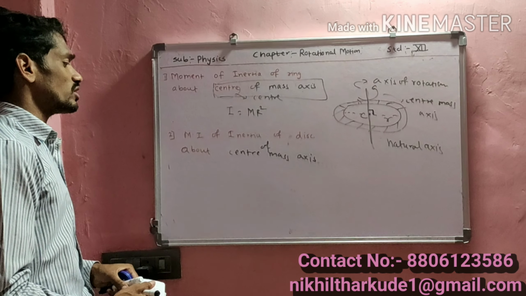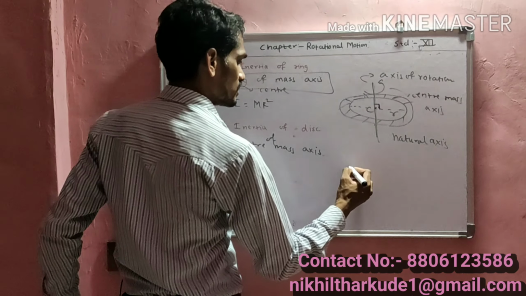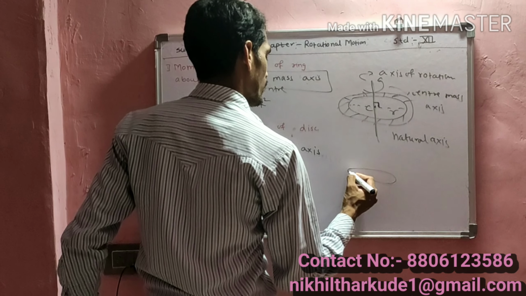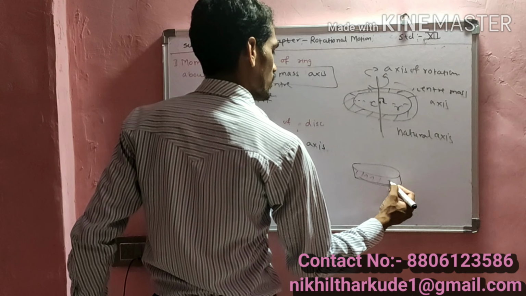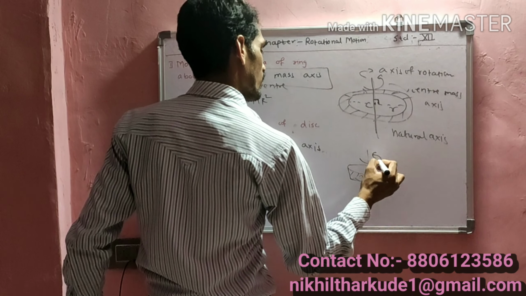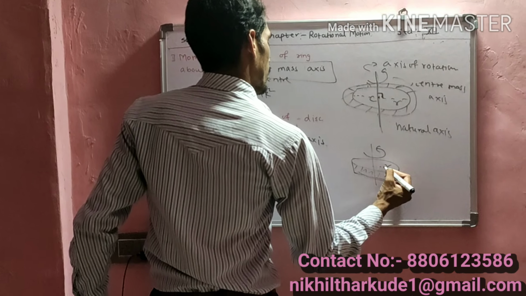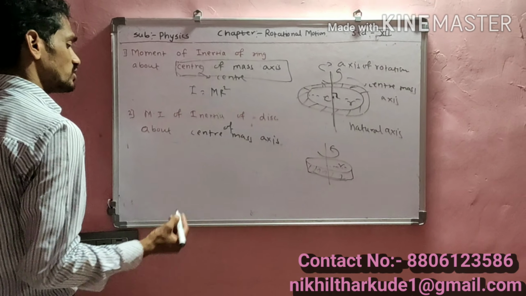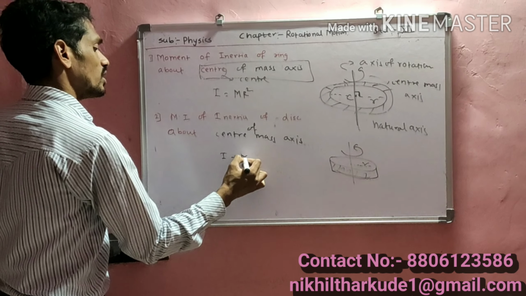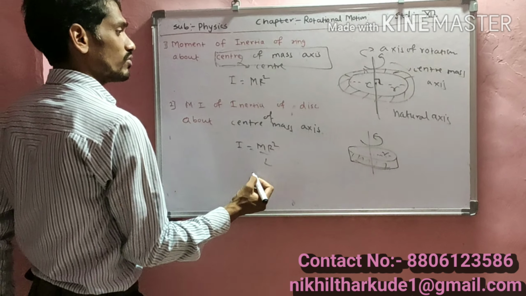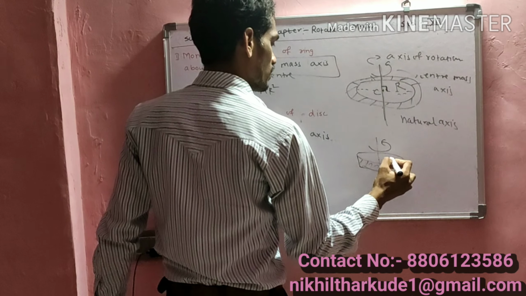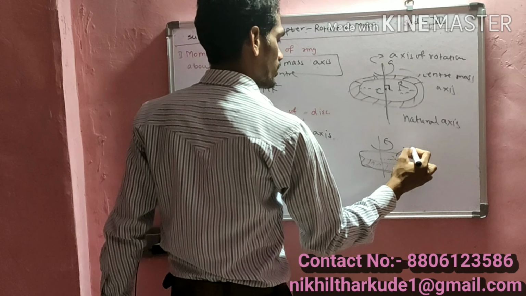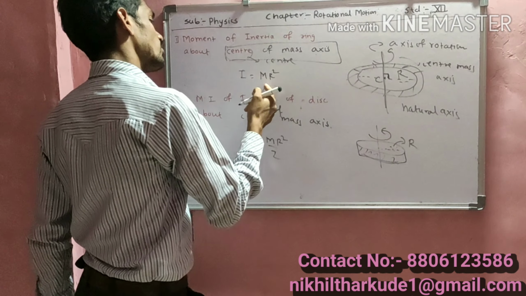So the moment of inertia about the disc, this is a disc, and this is our R. The moment of inertia I is equal to mr square upon 2, where this is capital R, and this is also capital R. Now what about this m?